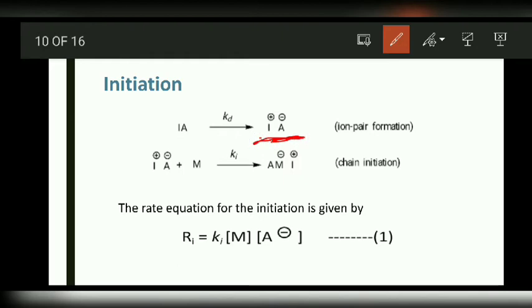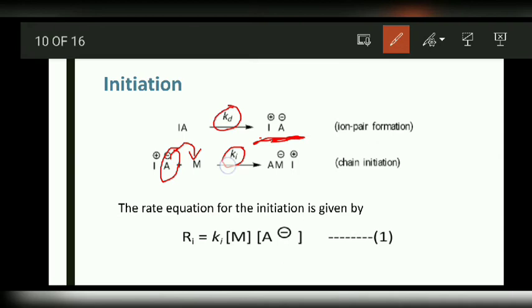So this is the ion pair formation, and then this ion pair, the anion, attacks the monomer molecule, and the rate constant of this reaction is Ki. So this is the initiation rate constant, and this Kd is the decomposition rate constant.